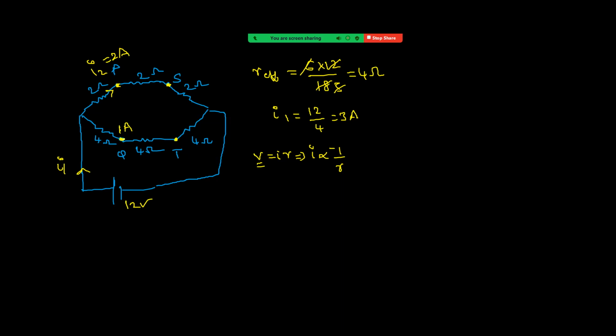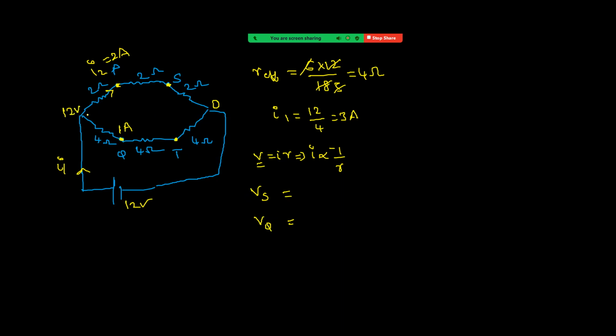Now let us see option C. The potential at S is less than that at Q. Comparing the potential at S and the potential at Q. Suppose I take this as 0. Then this will be 12 volt, because the potential difference is 12.